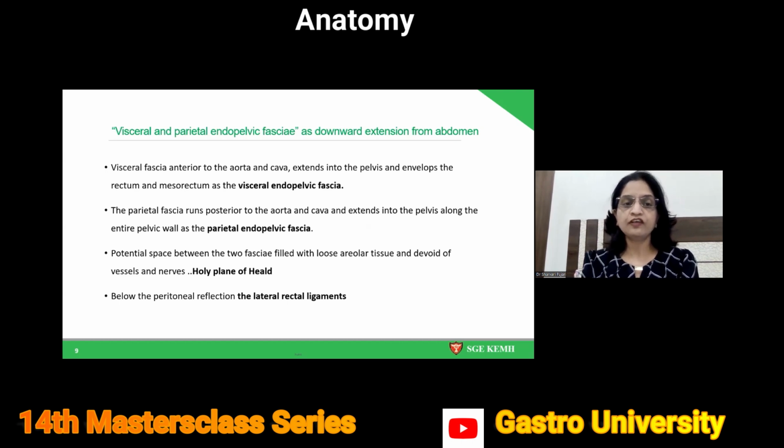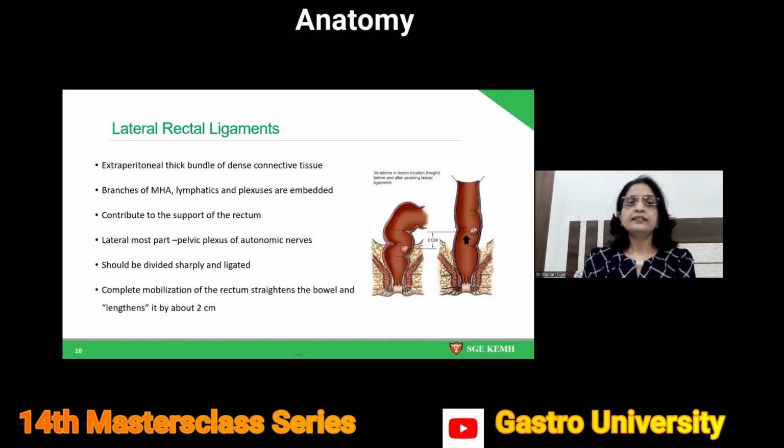Now, below the level of peritoneal reflection, rectum is supported by the lateral rectal ligaments. These lateral rectal ligaments are the extraperitoneal thick bundle of dense connective tissue, and they contribute to the support of the rectum, and so they also contain some branches of middle hemorrhoidal artery.